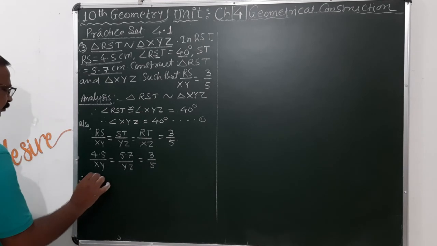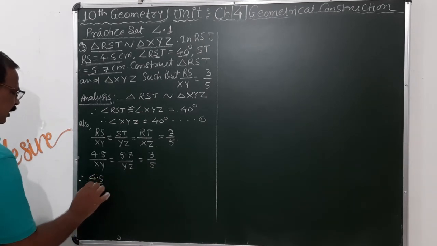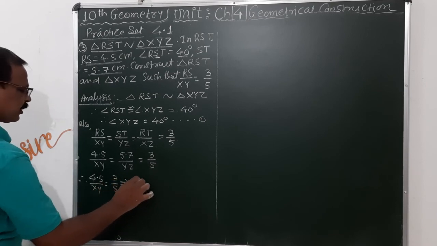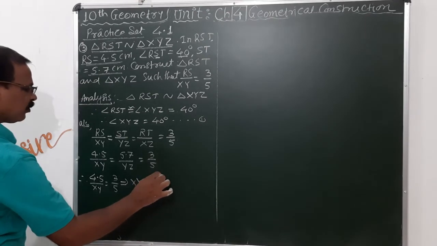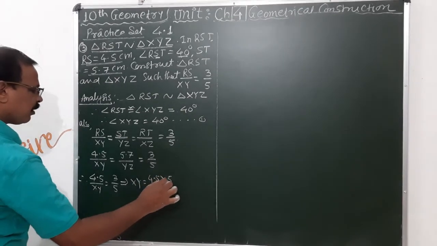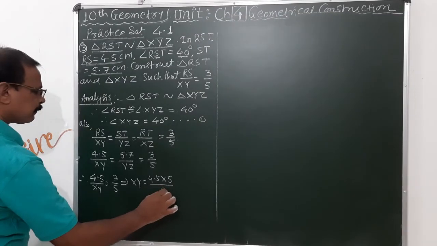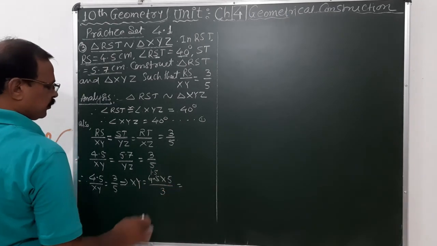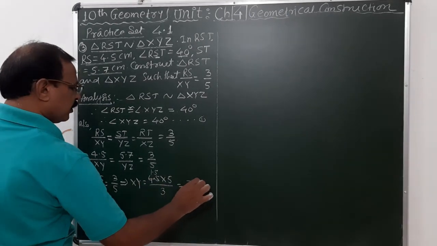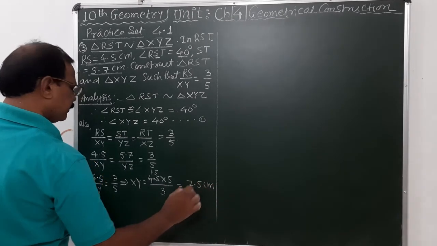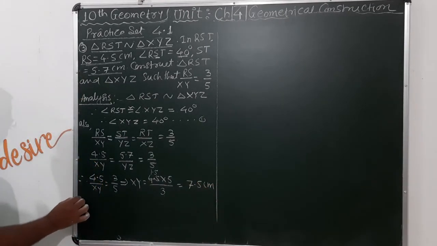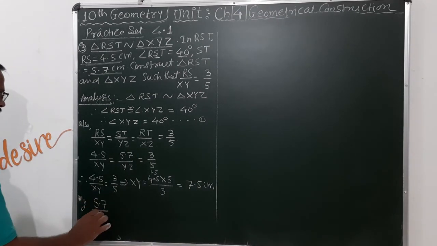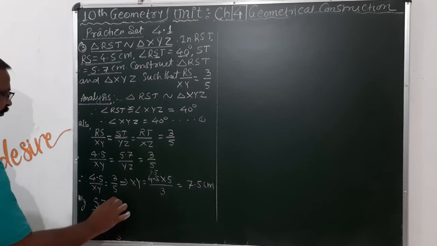Therefore 4.5 upon XY is equal to 3/5. It gives XY is equal to 4.5 into 5/3. This is equal to 1.5 into 5, which is equal to 7.5 centimeter. Similarly, we can write 5.7 divided by YZ is equal to 3/5.